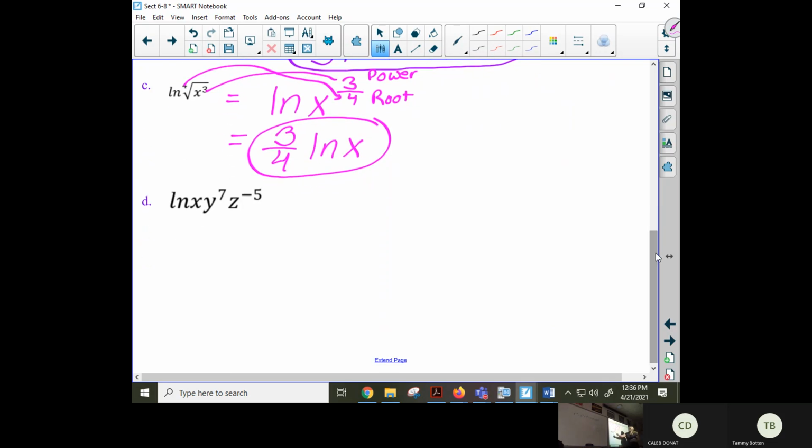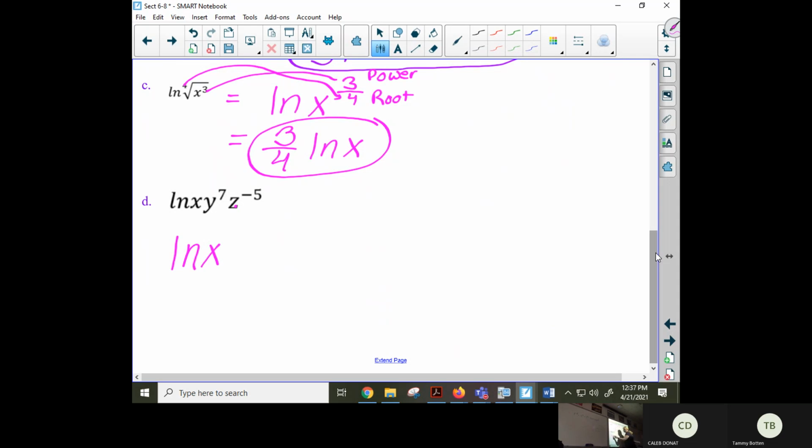Now notice this one has 3 separate parts. Okay? So I'm going to break that apart, and they're multiplied together, correct? So what's the opposite? How do you undo multiply? Add.